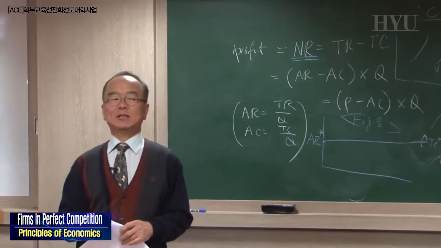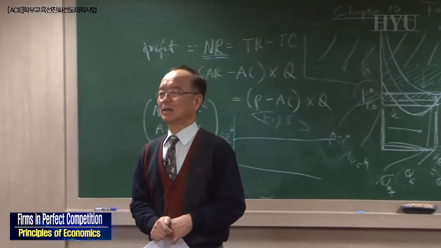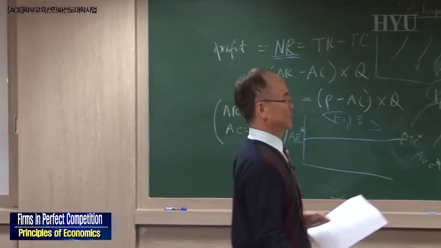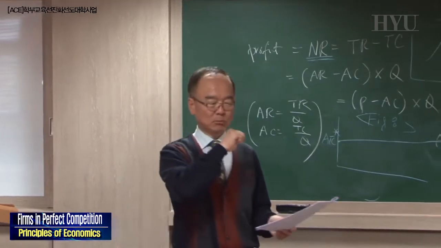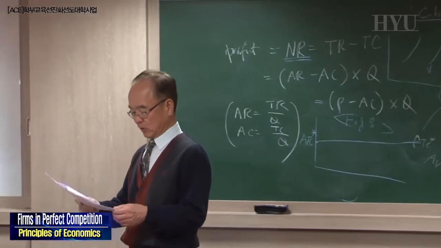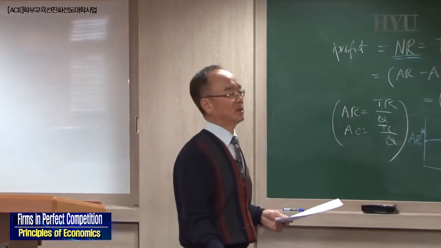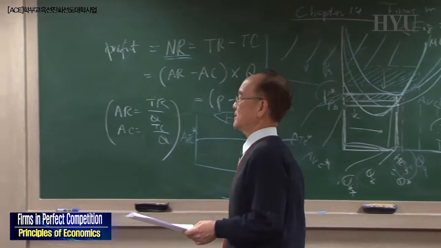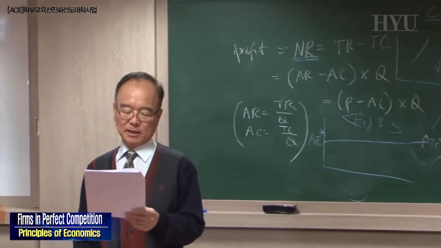Then entry is free. Anyone can come to the market to buy or to sell. So if there is an opportunity of profit, numerous firms will jump into the marketplace. Because of this, there are numerous players, demanders or suppliers. No single participant has any influence on the market price. Or putting it the other way around, each and every participant in the marketplace takes the market price as simply given. Okay, that's perfect competition, 완전 경쟁.